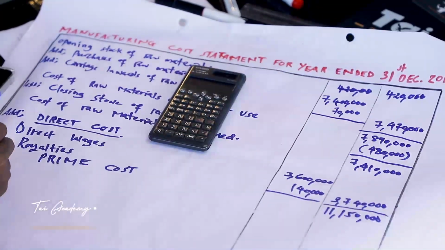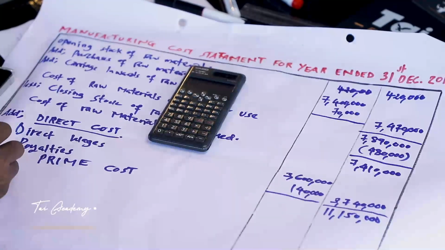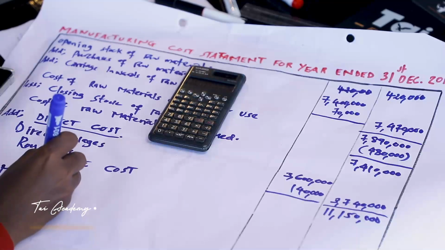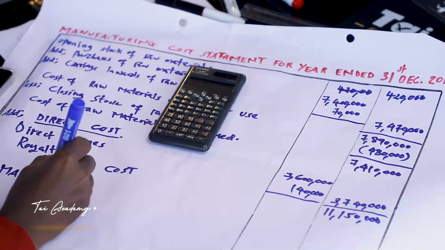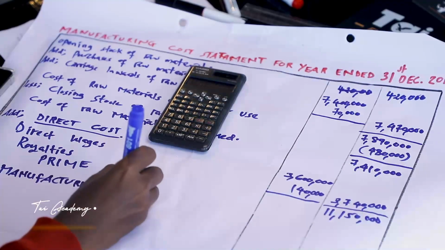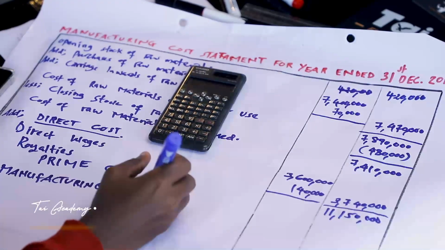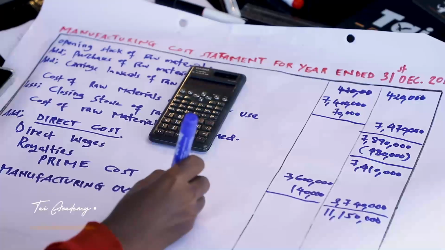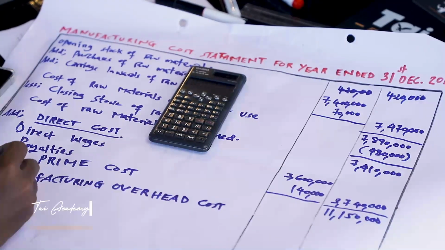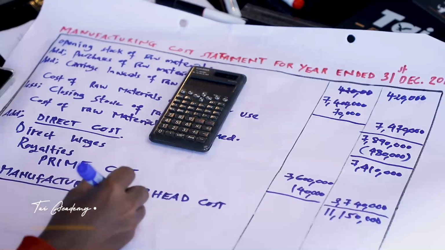So we are going to add manufacturing cost, or sometimes referred to as factory cost, manufacturing overhead cost, or sometimes referred to as manufacturing indirect cost.